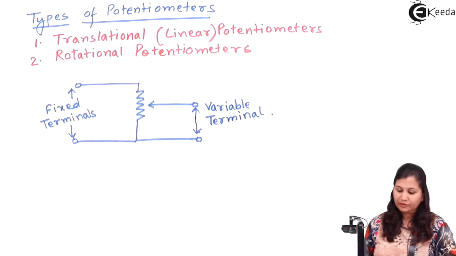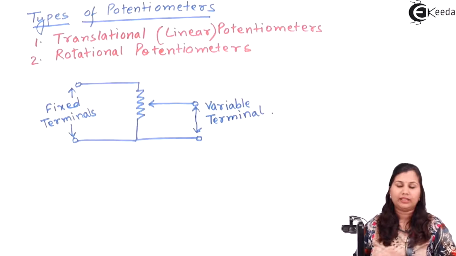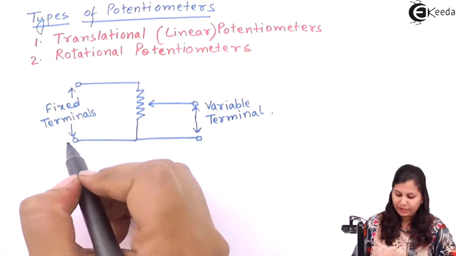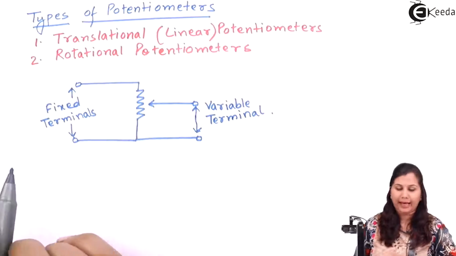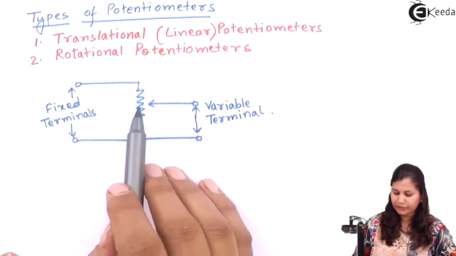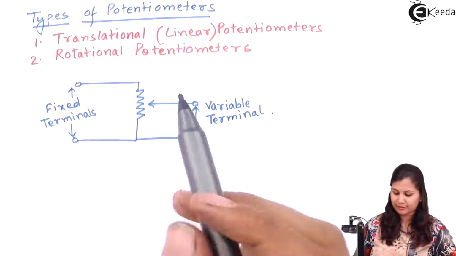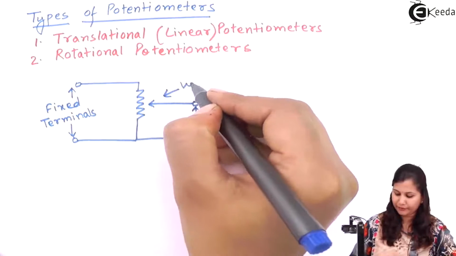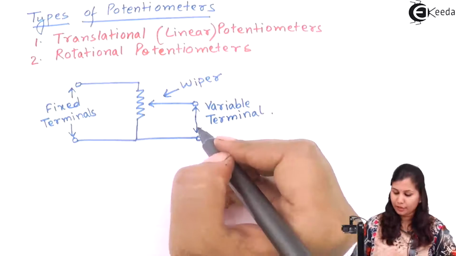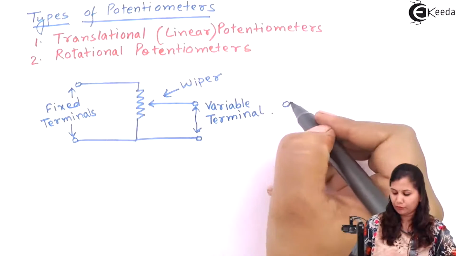So it is a generalized, or we can say equivalent, circuit of a potentiometer. At the fixed terminals we will apply an input voltage, and the variable terminal will move on this resistance, and this is called the wiper. So this wiper moves on a resistance, due to which we will get an output voltage.